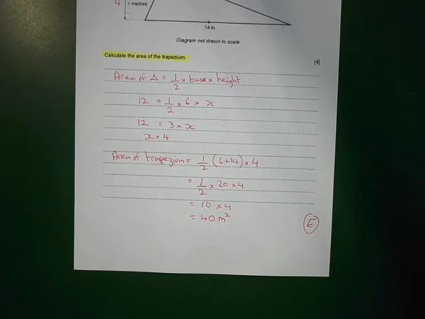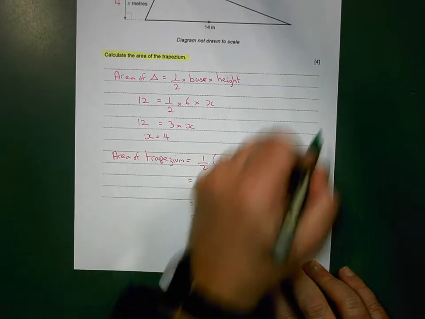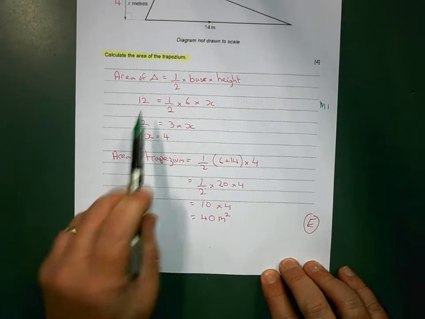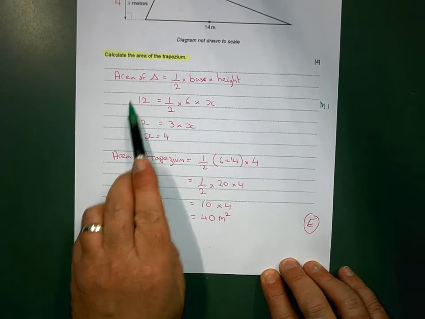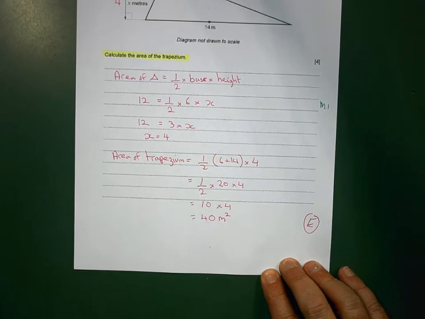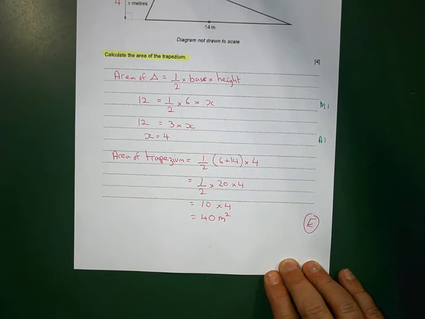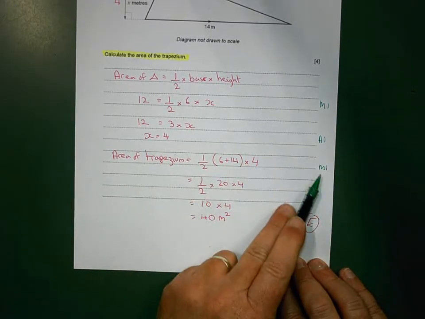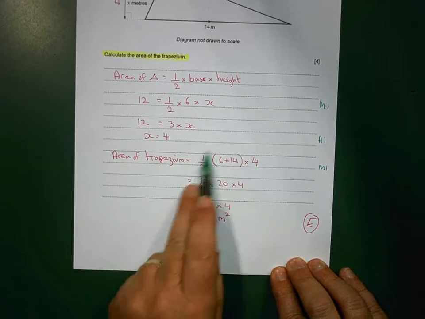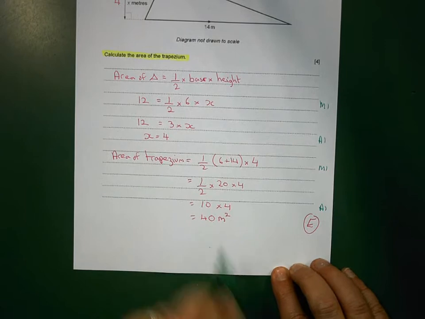So there's 4 marks for that question. The first 2 are for finding what the value of x is. So the method, if all you could do was write that line down, then write it down, because you're going to get a mark for it. And then you get the answer mark for working out 4, and then the second 2 marks, there's the method of plonking your numbers into the formula, and an answer mark for 40.